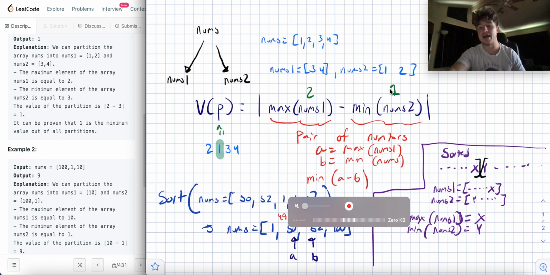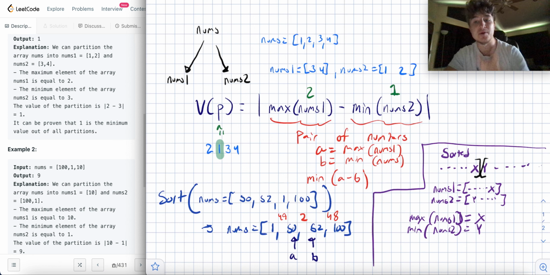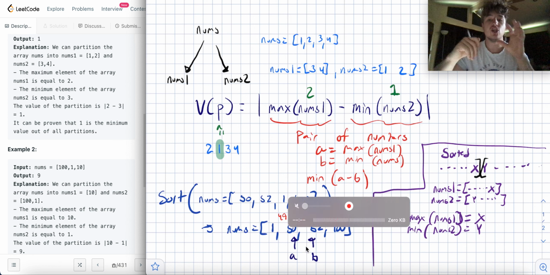So then you always have this case where if you have it sorted, you can construct any XY. So what that basically means is we can look at any pair of numbers, and if the minimum difference is there, there can be a created partition where those two numbers are the min and the max, so then you just return the min.